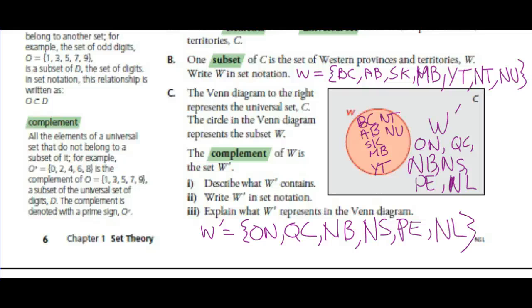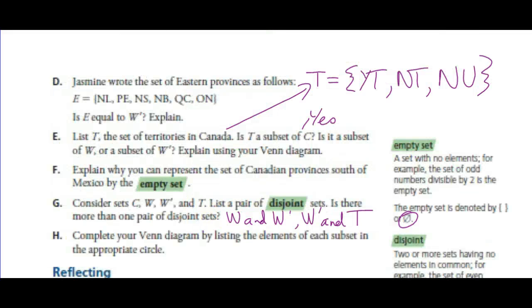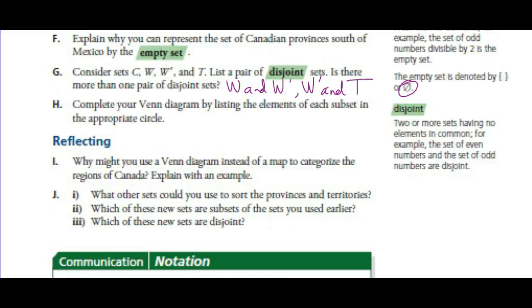Complement, a set of all the elements of a universal set that do not belong to a subset. It's got to be all of them. So, if you've listed a set and its complement, you have all of the elements listed, okay? What else? Empty set, a set with no elements, and disjoint, two or more sets having no elements in common.